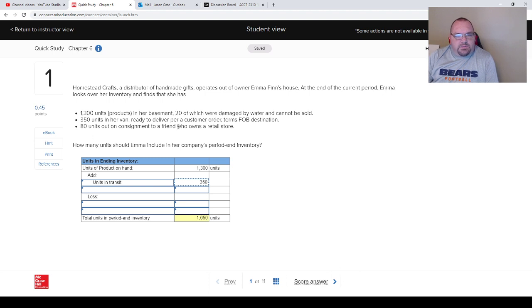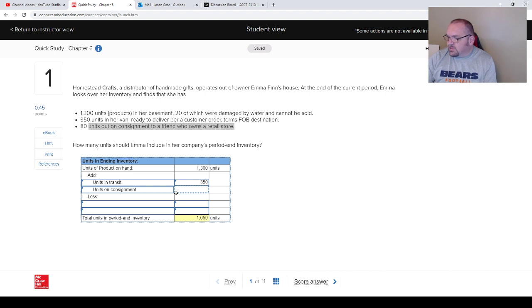All right. Now we've got. So we're going to add those to inventory, and now we've also got some units of inventory that are on consignment. So they are the inventory of Homestead Crafts, but they are at a retail store where they're trying to be sold. They are still, in this case, Emma Finn's inventory, and they need to be treated as such, okay? So the consignment goods are still her inventory. If the retail store sells them, you can see.